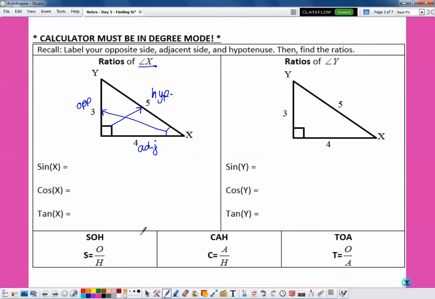So if we want to find sine of x, remember, sine is equal to opposite over hypotenuse. So opposite is 3.